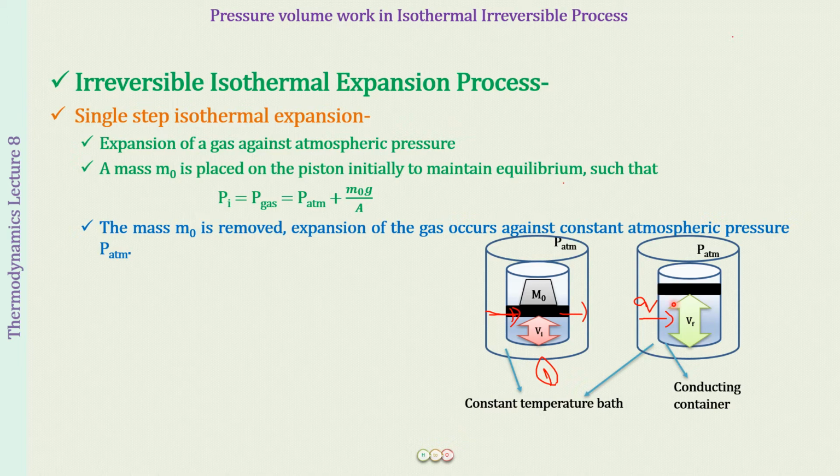Once we have removed this mass, there is no way that the piston is going to stop in between. That is why this is a very fast process, because we just cannot stop it in between. We cannot push the piston back again. This is called an irreversible process. Okay, I hope this is clear.